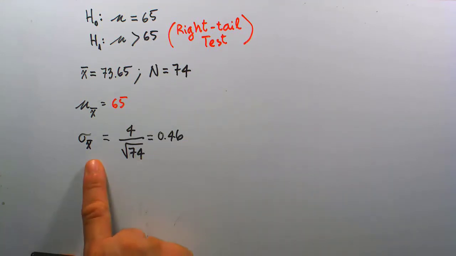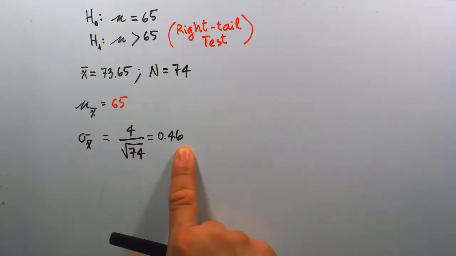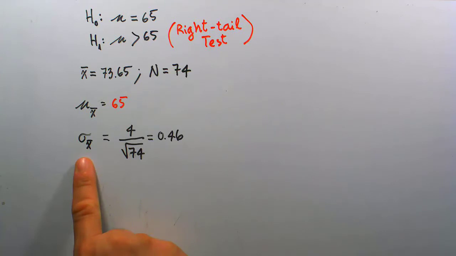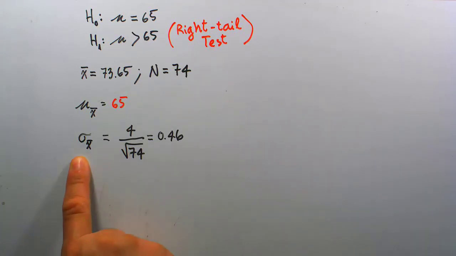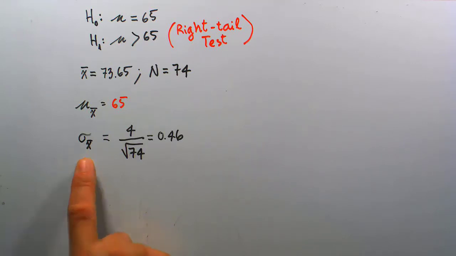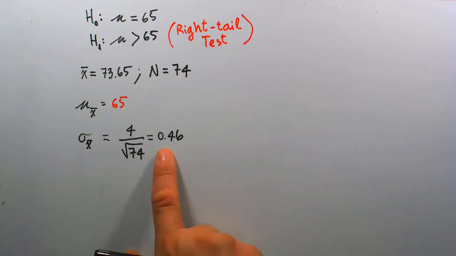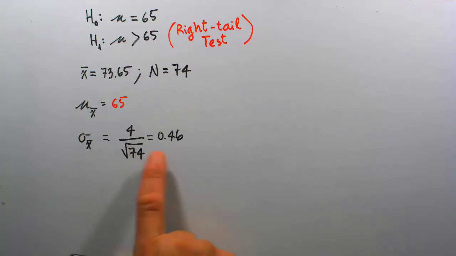But throughout my entire video lecture here, I am going to be using 2 decimal places for all of my sigma x bar values. And so again, in our current problem, sigma x bar in 2 decimal places is 0.46, which came out from 4 divided by square root of 74, the sample size.